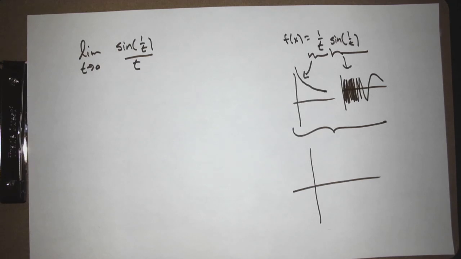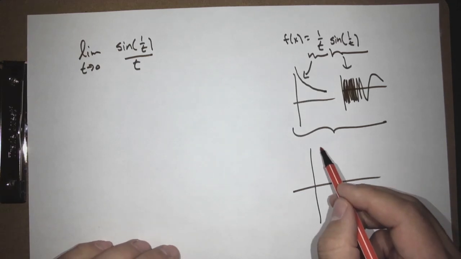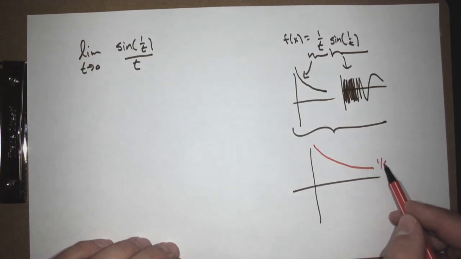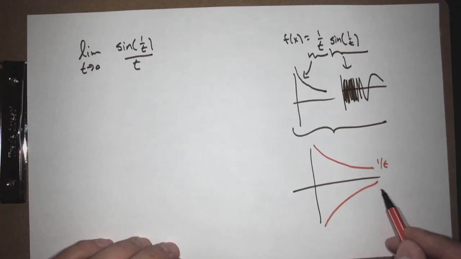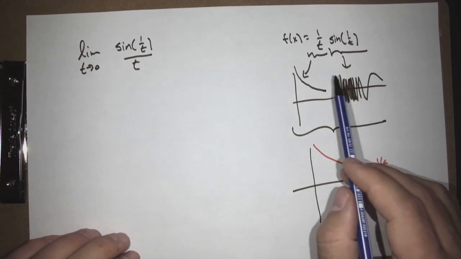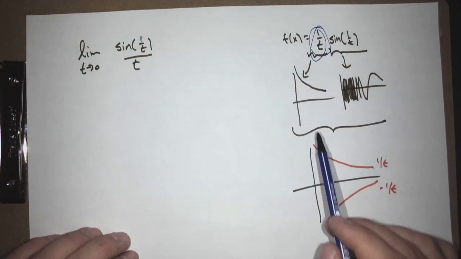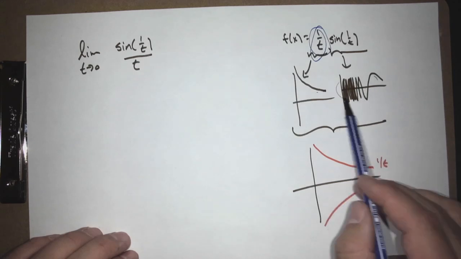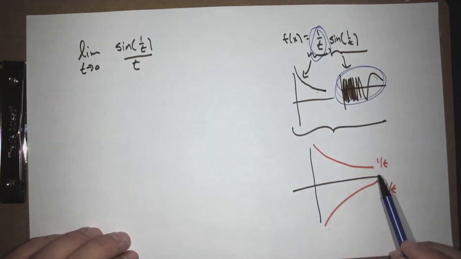When you combine the two together, the way you combine them is you do the following. You sketch 1 over t, minus 1 over t. Now that's not the curve. And then what's happening is you're going to squeeze this in between these two curves.